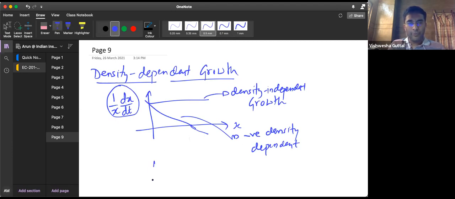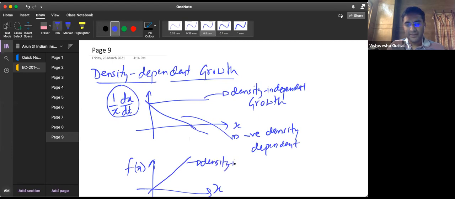Instead, if you were to now plot just the entire f as a function of x, how will the density independent look? Remember that f of x is nothing but this function multiplied by x. A constant function will become now a linear function. So this will be density independent. This is something a lot of students get confused.